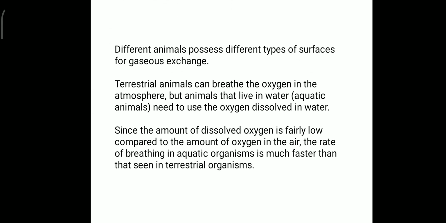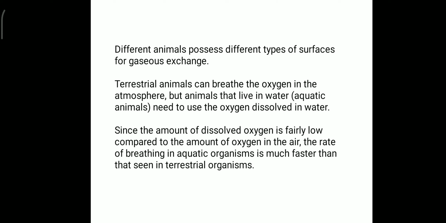Different animals possess different types of surfaces for the gaseous exchange. Actually, different animals possess a different sort of respiratory process. Just imagine, in the case of terrestrial animals, we can breathe the oxygen which is present in the atmosphere. But animals that live in the water need to use only the dissolved oxygen which is present in the water.